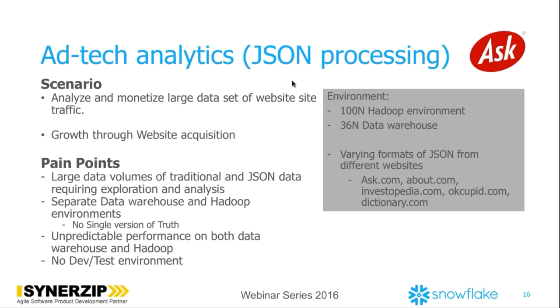Because of the sheer size of their data warehouse and Hadoop system, they really did not have a true dev test system. They could never replicate that size of their data for dev test and test it out. And now, talking to the development community, you all know what happens when you have no dev test environment.